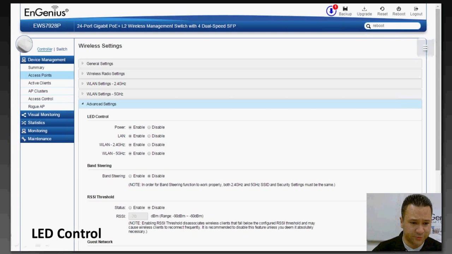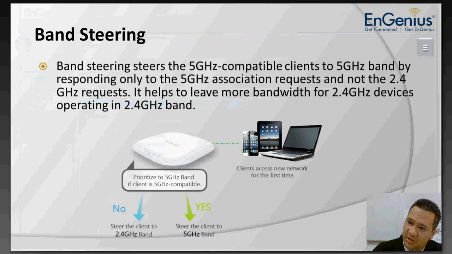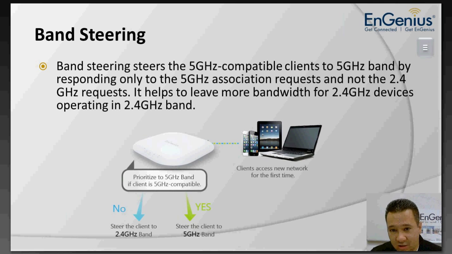So, next feature, band steering. Just to quickly explain it, band steering is a function that, since we have many devices already supporting 5 GHz, and the 2.4 GHz is already very crowded at this moment with all the devices, smartphones and tablets. It's not a particular function of EnGenius, many other brands also have it, and we have it in our system.